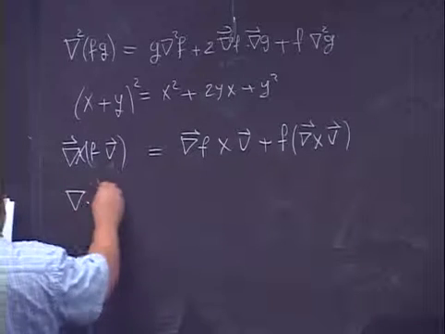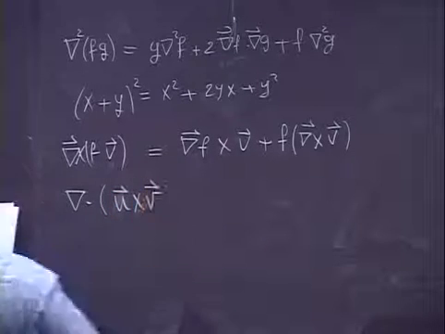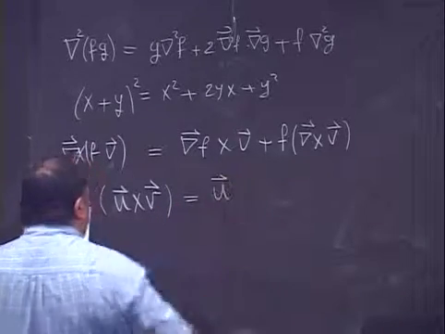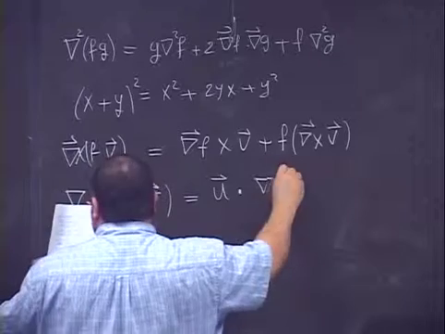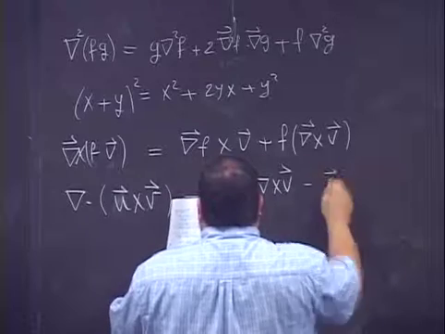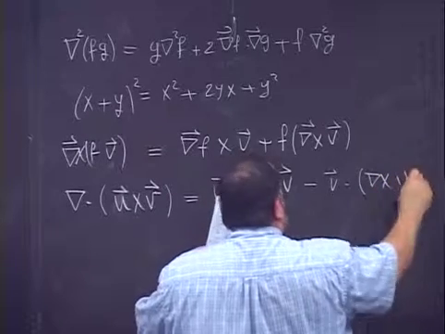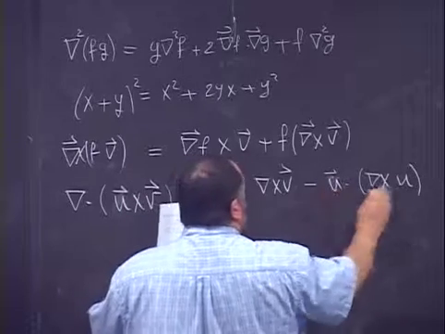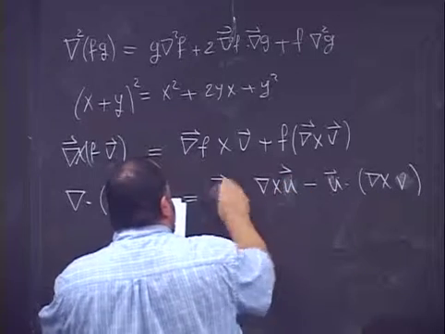What about divergence of u cross v? So this will give me, again, the first one is v dotted with the curl of u, minus u dotted with curl of v.